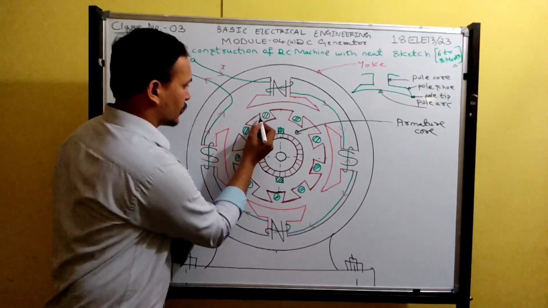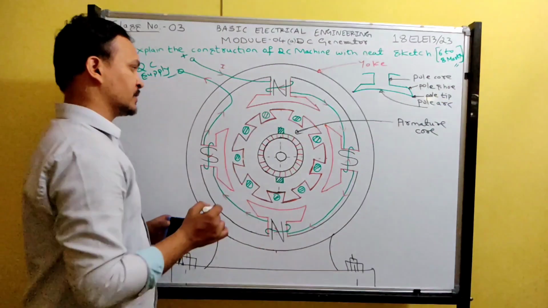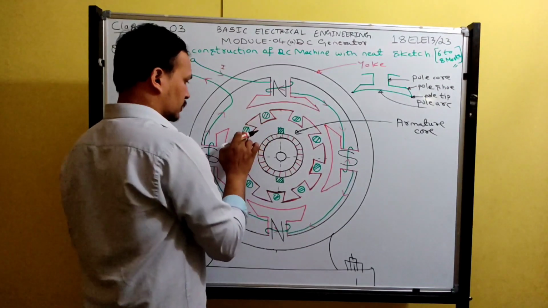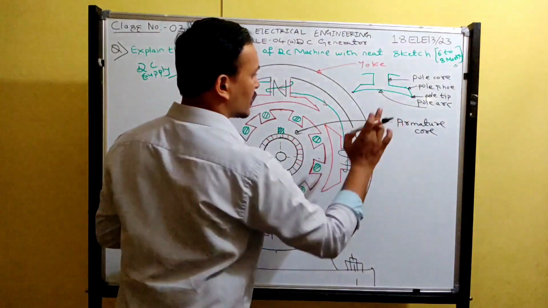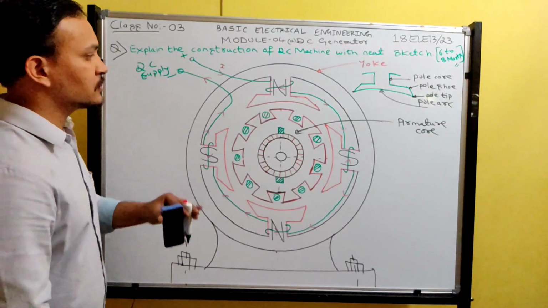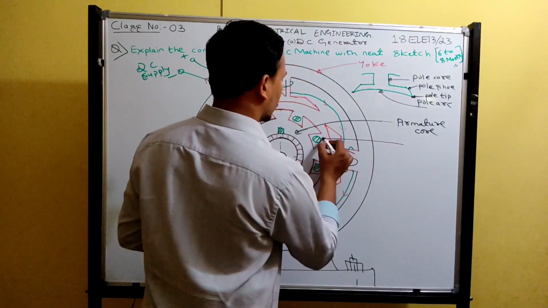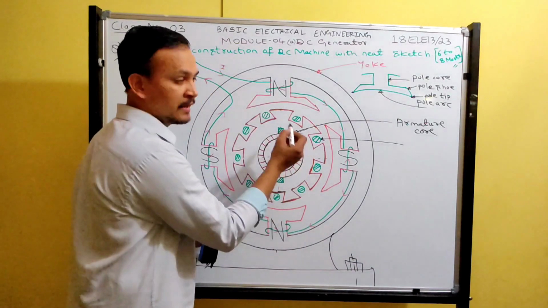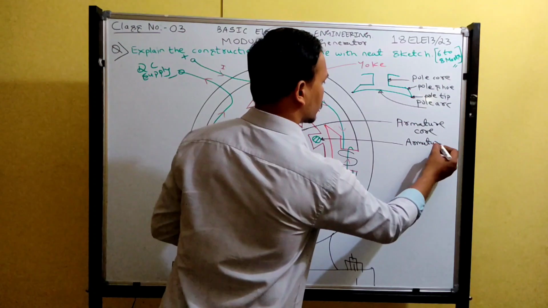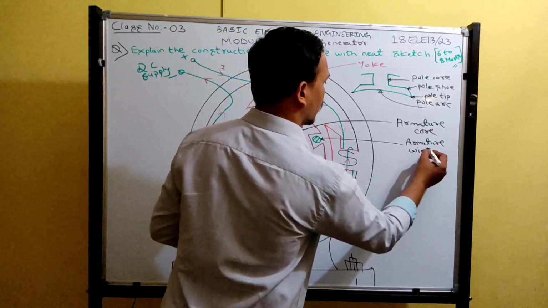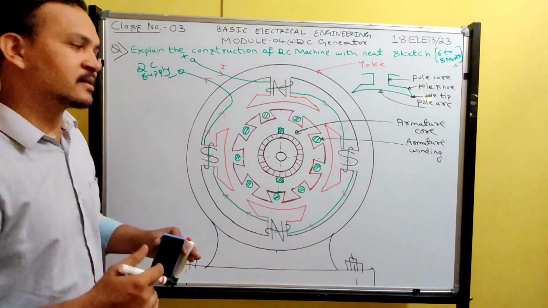And this closed portion, that is called armature tooth. See, this tooth, armature conductor, and this entire thing is called armature core. Armature core consists of the following parts. See, the first one, this green color, inside one, is called armature winding. So it is nothing but armature winding or armature conductors.